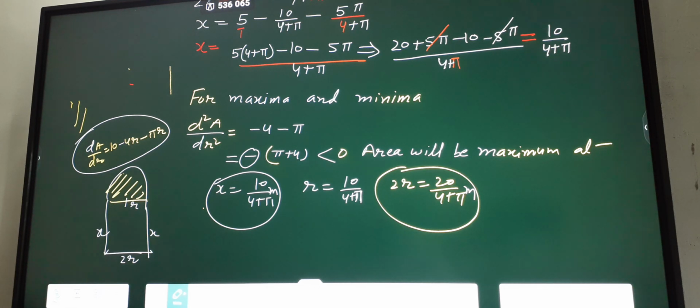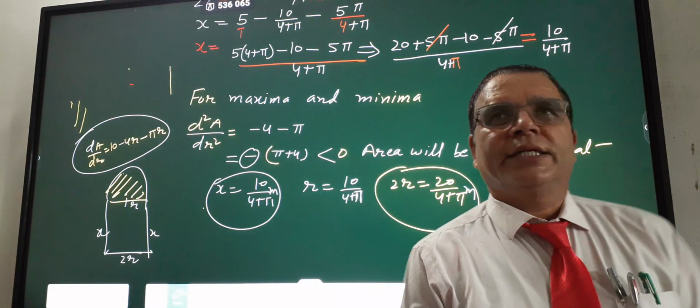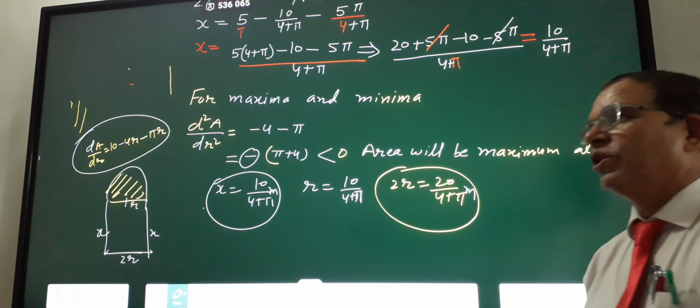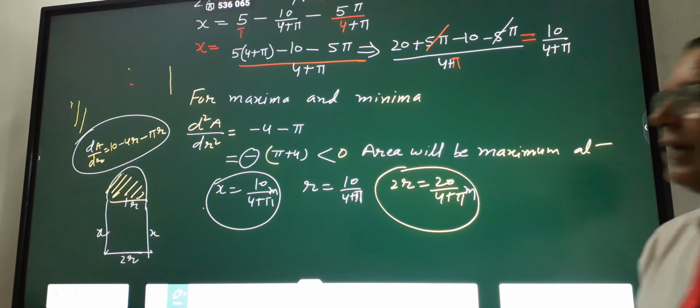Okay, and in the next video I will come with a few more questions. Those will be based on marginal revenue, marginal cost, total cost, average cost, using the application of derivative. These are all commercial terms, terms of economics. So still we will learn them in mathematics using applications of derivative.